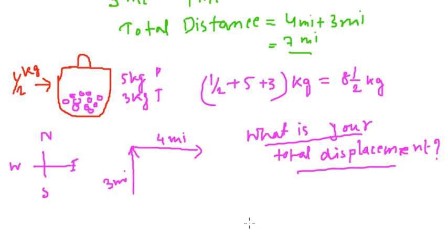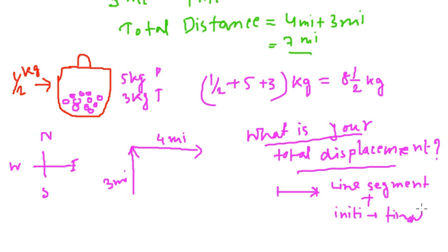Displacement is a line segment with a direction, where the direction is from its initial position to the final position. This is displacement.